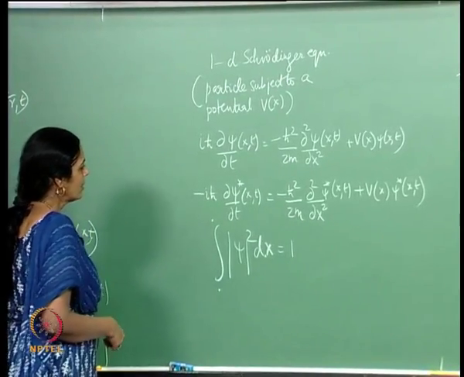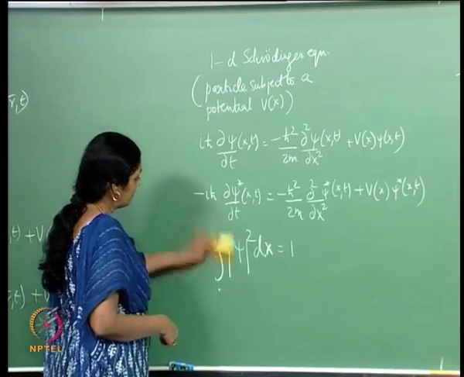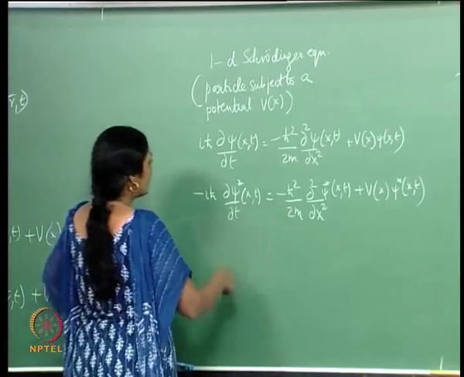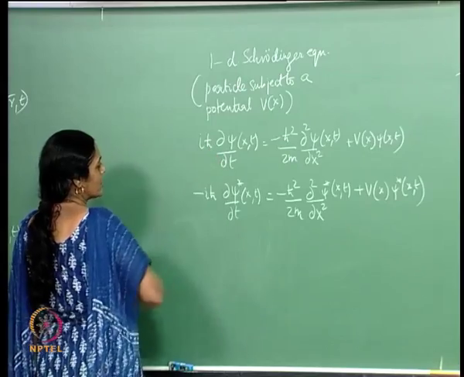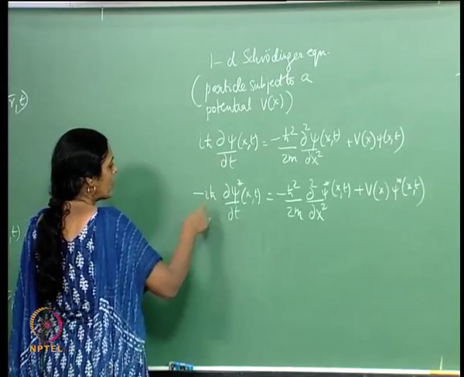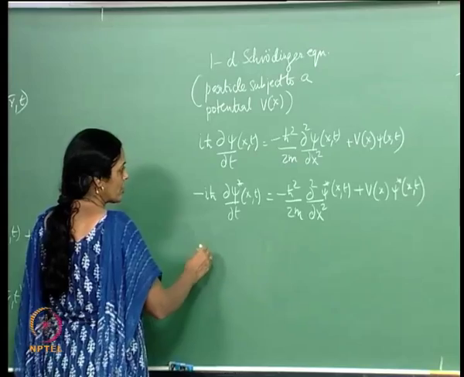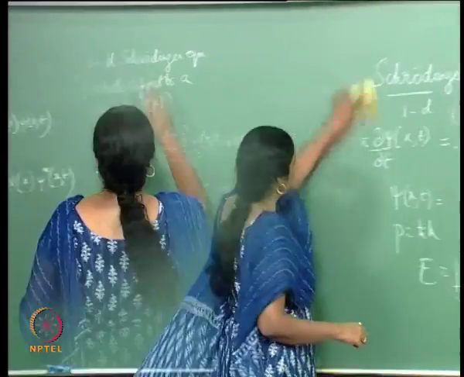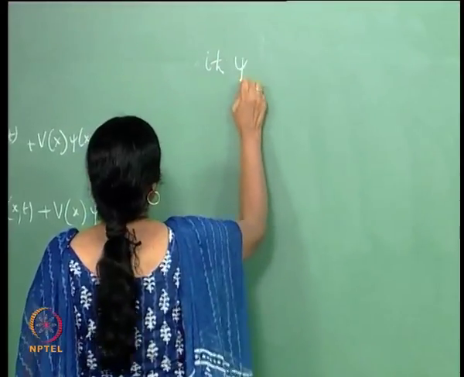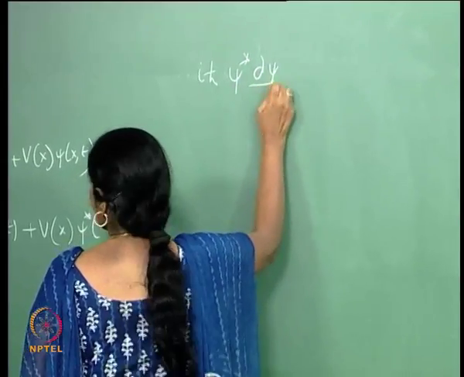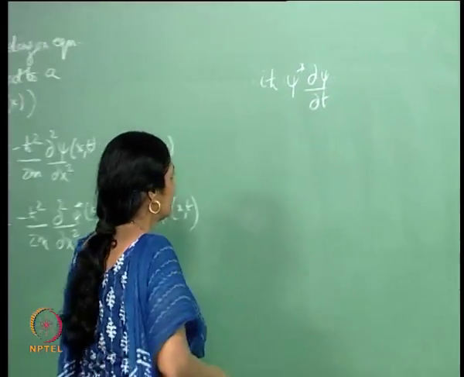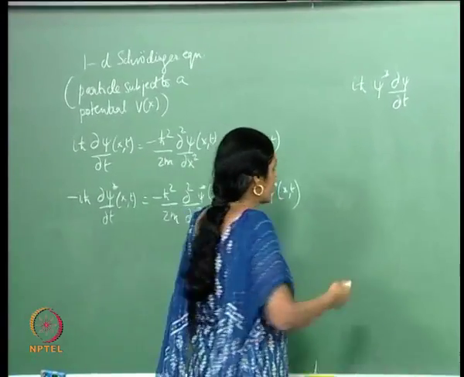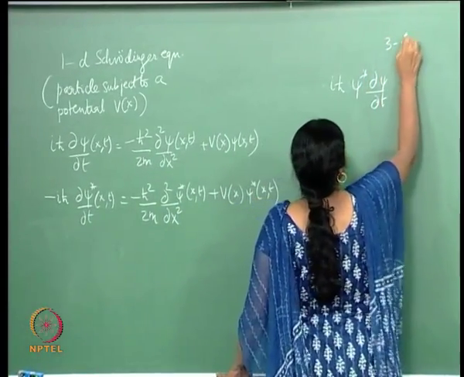Now here I can do the following. I can pre-multiply this by ψ* and this by ψ. Then the first equation becomes iħ ψ* ∂ψ/∂t. I could do it in 3 dimensions if you wish, and therefore let me just do it in 3 dimensions.